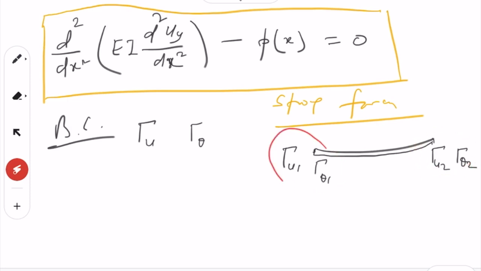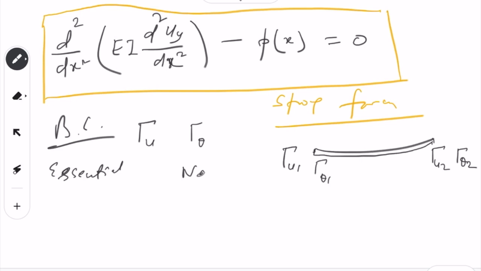Either we have to give a force here, or the moments will be known here, or the displacement will be known. So you have essential boundary conditions or natural.